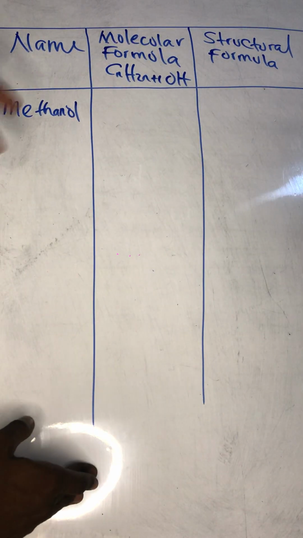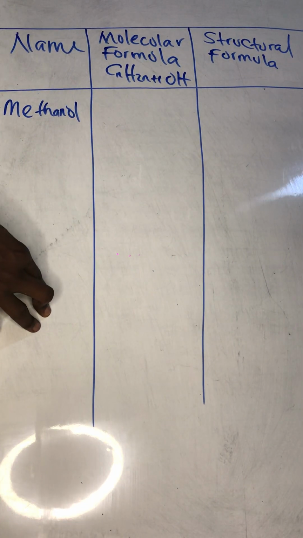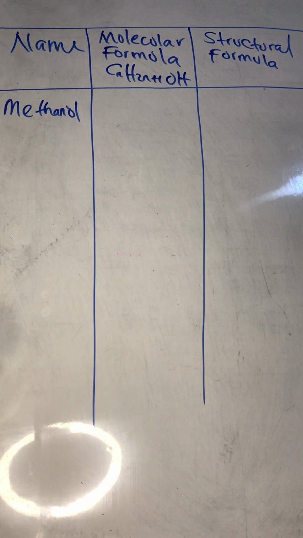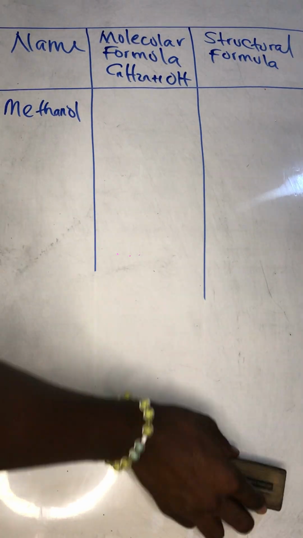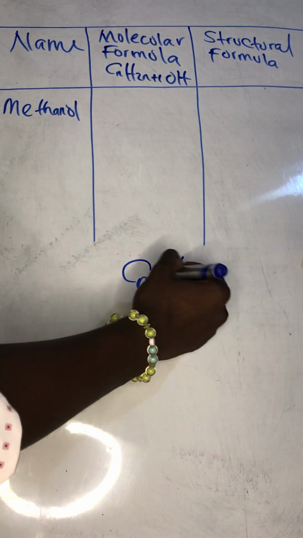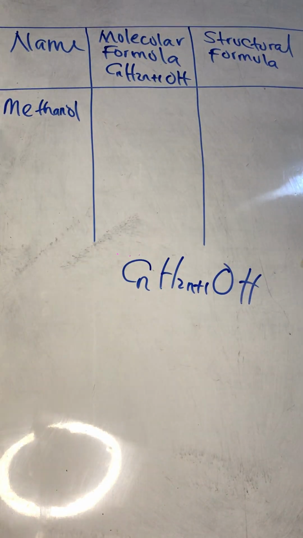Now, what is the molecular formula of methanol? Remember, guys, the alcohols follow the formula CnH2n+1OH. You've seen that.